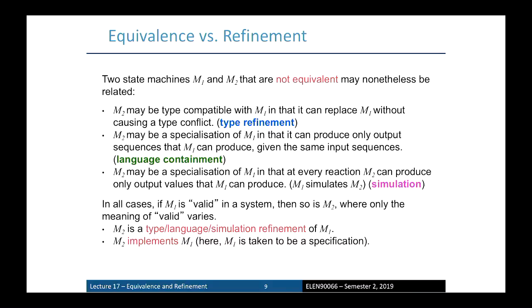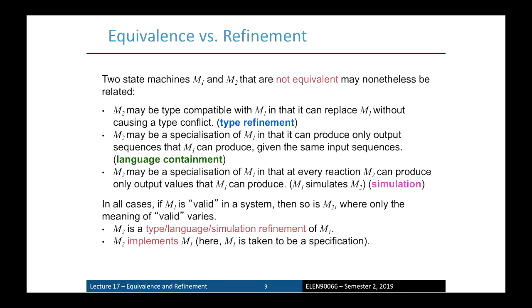Okay, so three definitions here about refinement. Let's say we've got a machine M2. If it's type compatible with M1, so we can swap it over, we call that a type refinement. And we'll see it doesn't have to have the same number of inputs and outputs for a refinement. For equivalence, yeah, exactly the same. M2, this other machine, could be a specialisation of M1, such that it can only produce output sequences that M1 can produce, given the same input sequences.